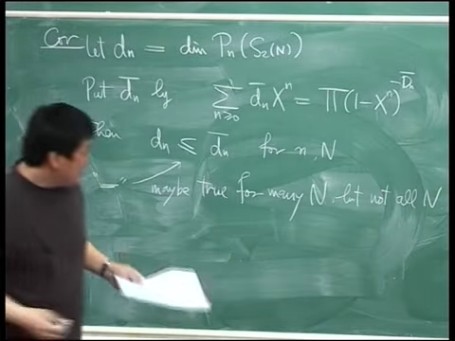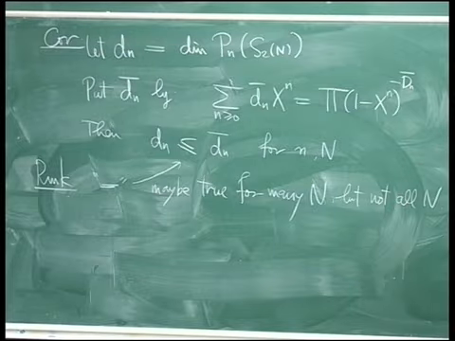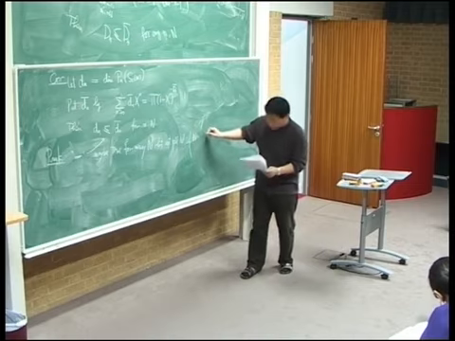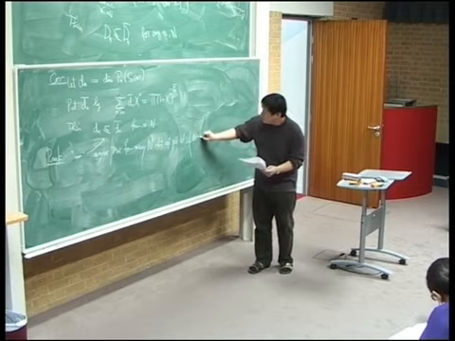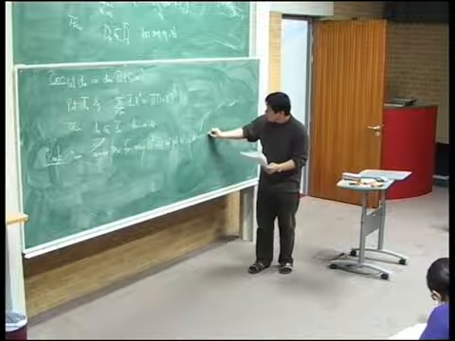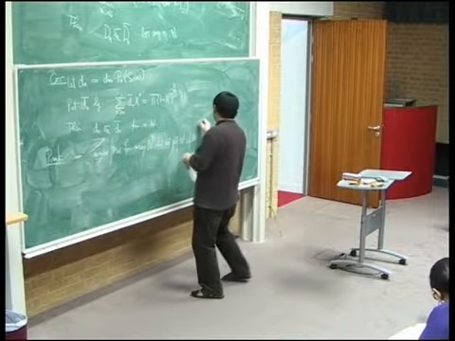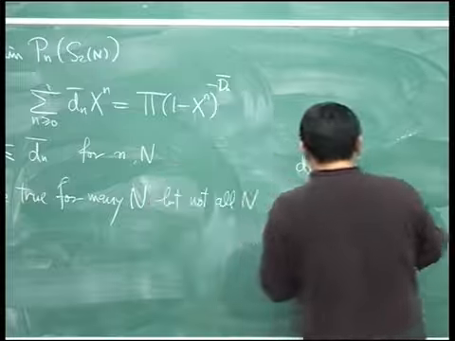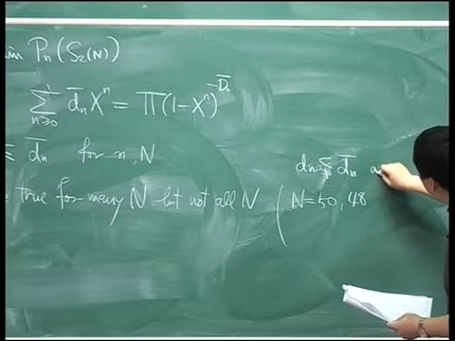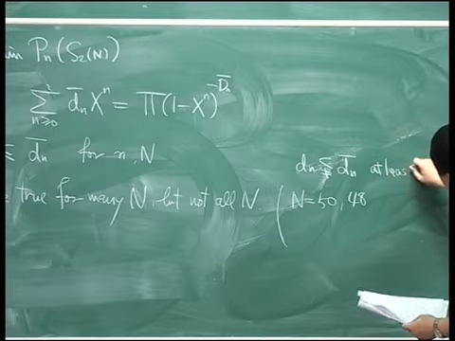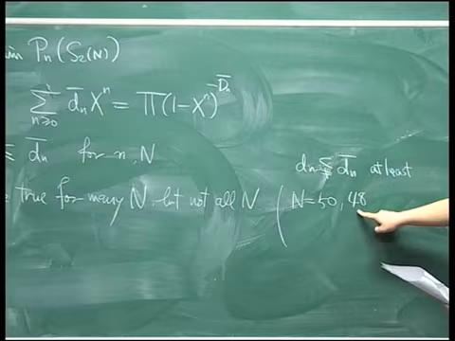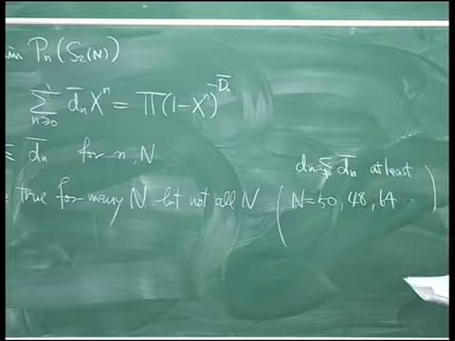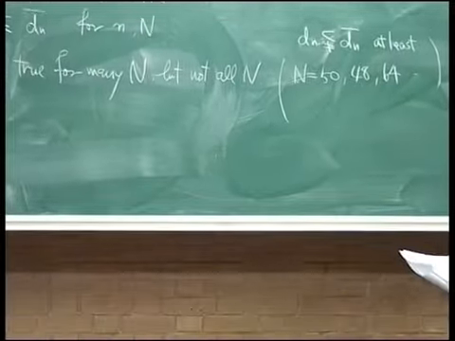I checked this computation numerically. For example, when n equals 50 or 48, my claim is at least level 15, 48, and 64. 48 is the smallest.